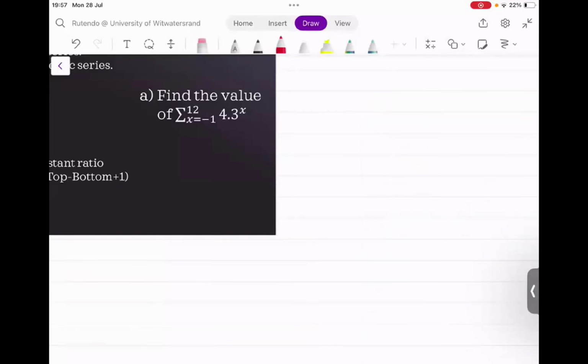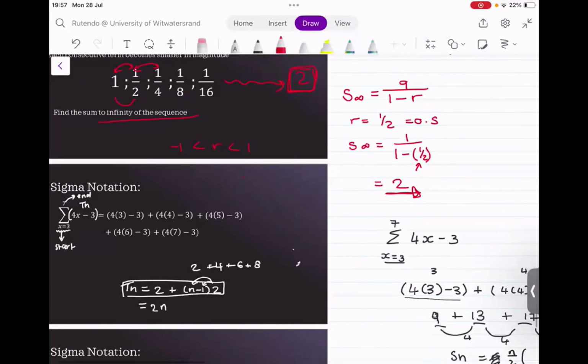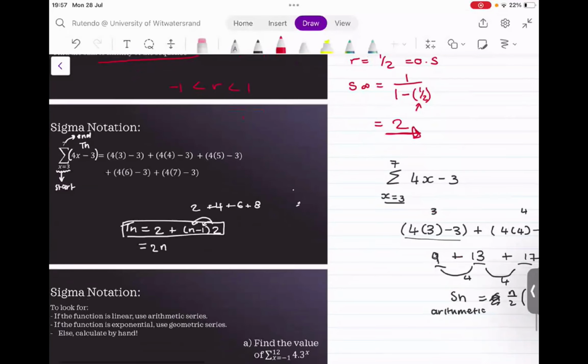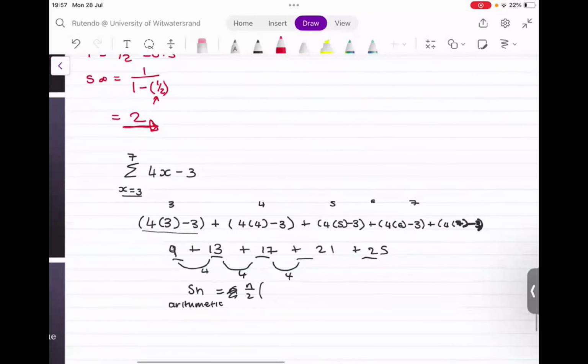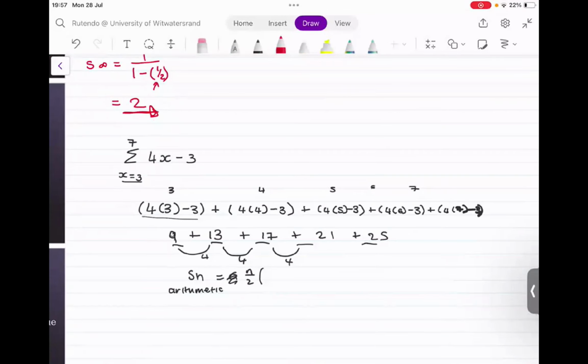The other one we were doing sigma notation, but this one wasn't that explanatory. So you had this, and you're going to start at 3, end at 7, and you're just going to be substituting in the 3, the 4, the 5, the 6, and the 7.